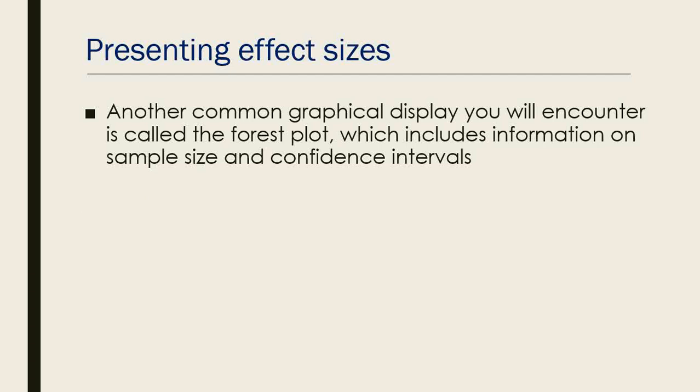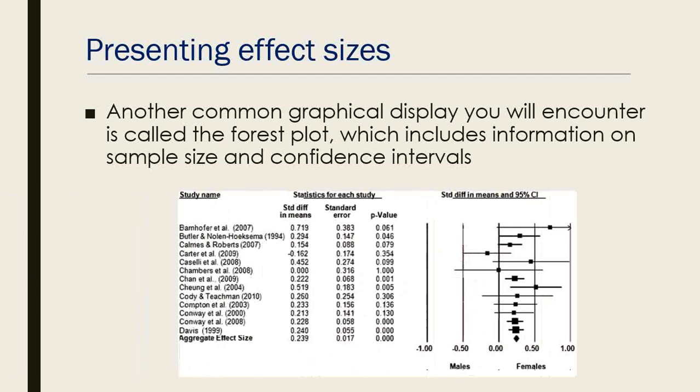Now, another way of doing the forest plot is something like this, which is generated with the Comprehensive Meta-Analysis software package. It actually presents the standardized mean difference here on the left for each study, as well as the associated probability value, the test of the null hypothesis, as well as integrating our forest plot information here.